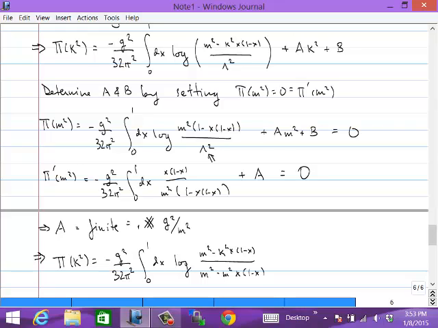That's just enforcing the condition that pi of m squared equals 0 to determine b, and plugging in the answer for b. And then from a, we get a constant term, plus a times k squared plus a constant.